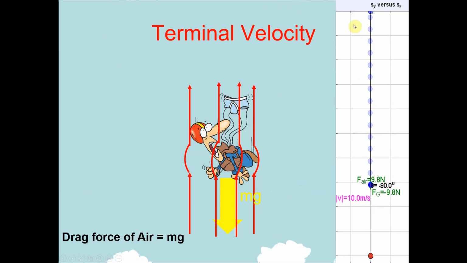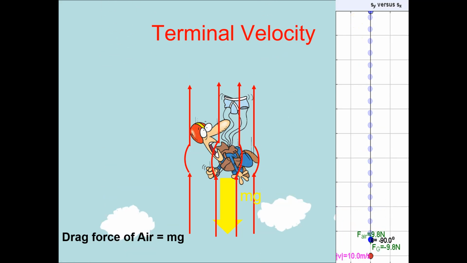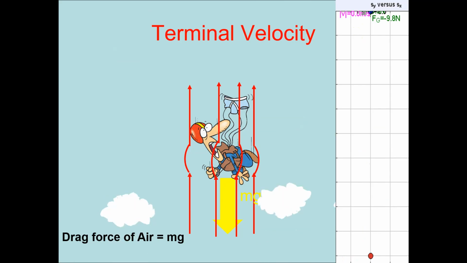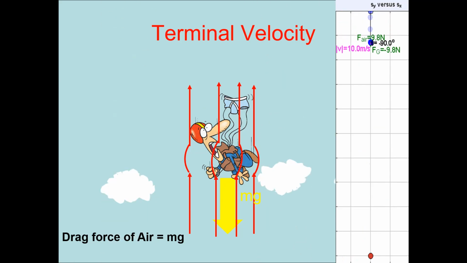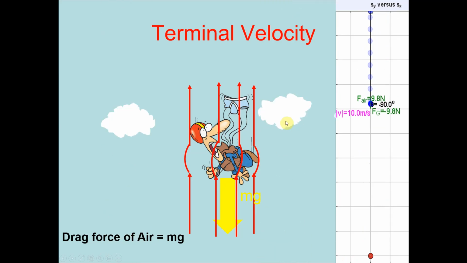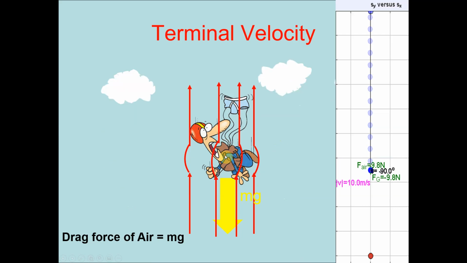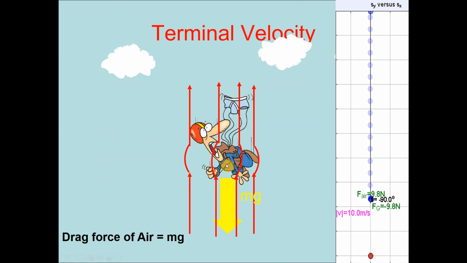His velocity increases here very briefly at the beginning of this graph. So it's the force of the air moving around him that resists the force of gravity downwards.